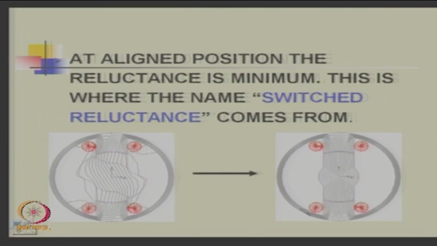While this is excited, the flux path is not the same as this. Aligned means the iron is here, so it will follow a certain path like this. So, you can do a finite element analysis for each position and calculate the inductance, etc. Is it clear what is meant by aligned and unaligned inductance and flux paths? The flux paths are different.